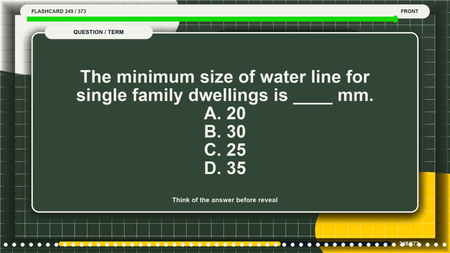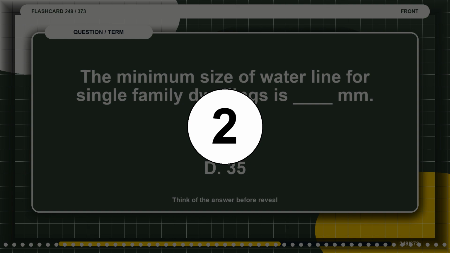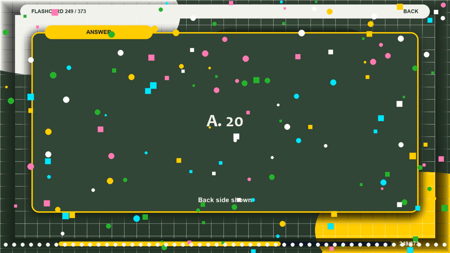Flashcard 249. The minimum size of water line for single-family dwellings is blank mm. A. 20 B. 30 C. 25 D. 35. Think of the answer before the reveal. The answer is A. 20.